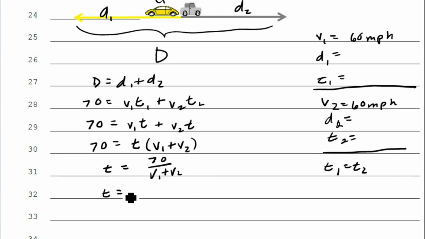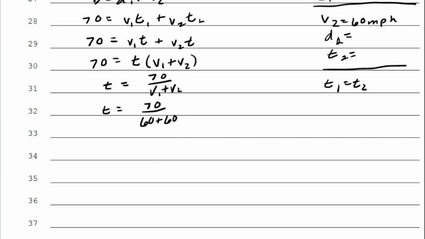So T will equal 70 over 60 plus 60. And the time it takes for them to be 70 miles apart will be 70 over 120. Simplify that a little bit, you get 7/12 of an hour. That's how long it'll take them to be 70 miles apart.